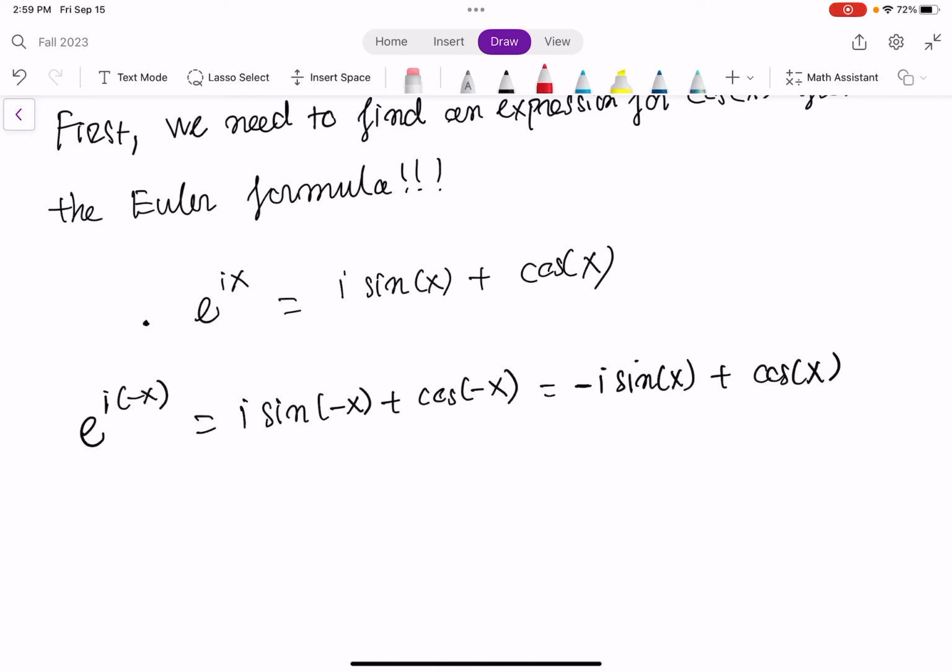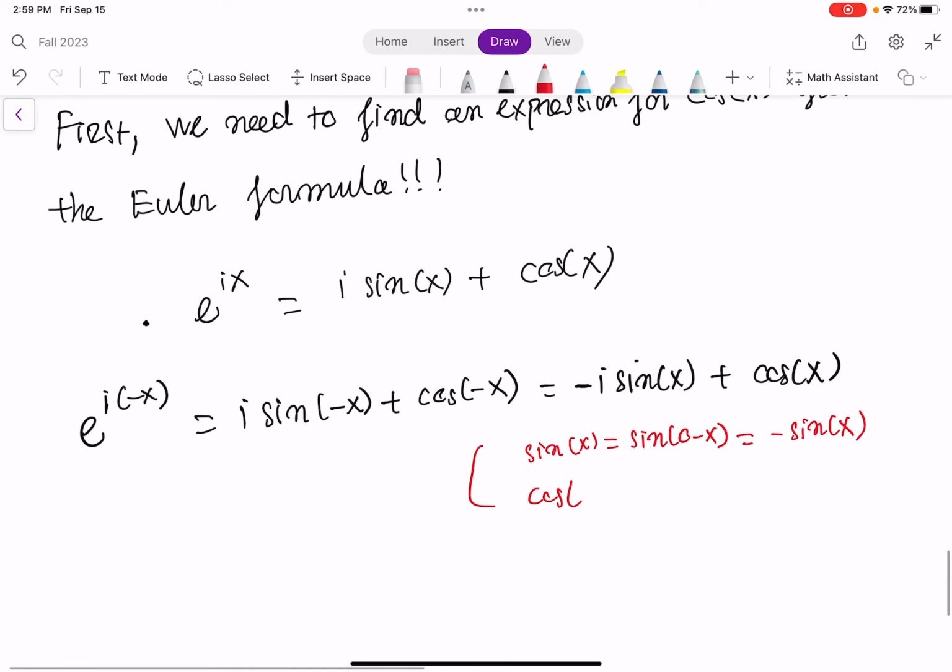Why? The reason is because you recall that sine of negative x is just sine of 0 minus x, and it is negative sine x, if we use the formula we derived in the second video, sine a minus b.